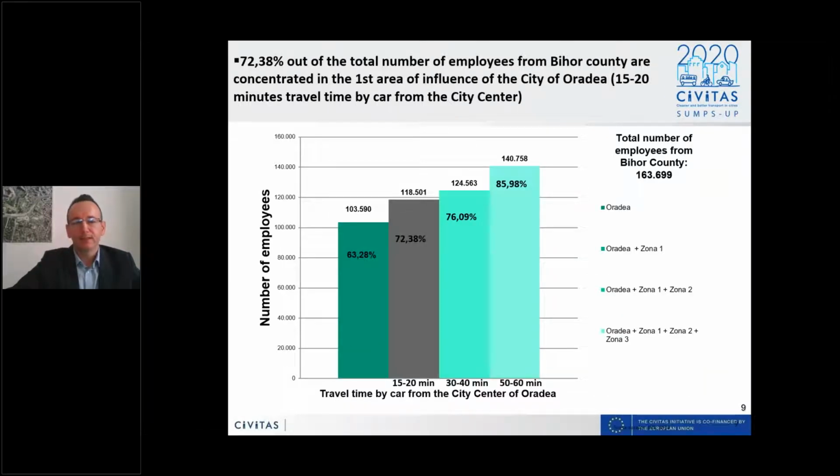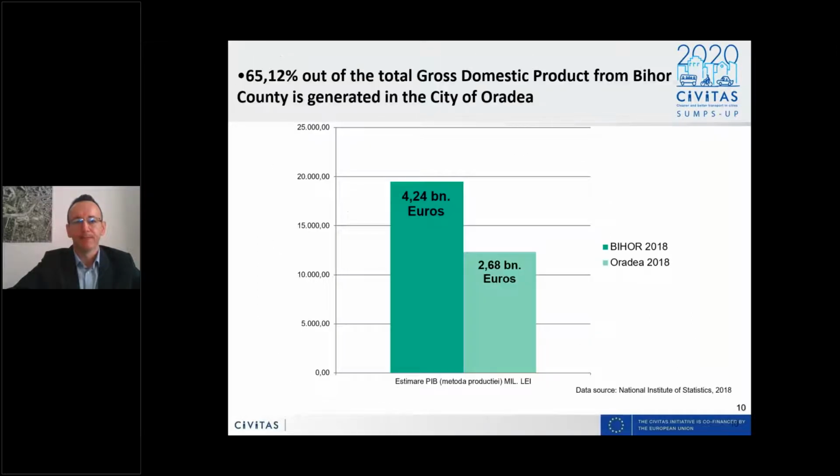The same thing: 72% of the total number of employees from Bihor County are concentrated in the first area of influence of the city of Oradea. This means about 50 to 20 minutes travel time by car from the city. The same thing that emphasizes the role of the city in regional development is GDP production.